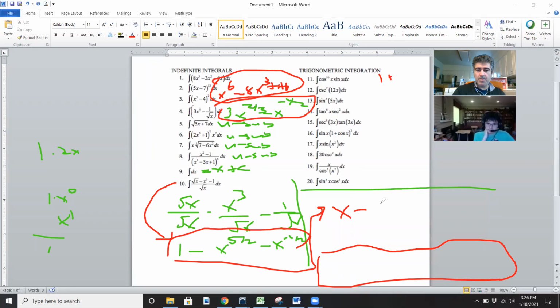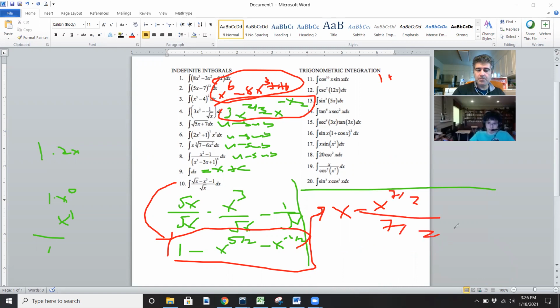So x minus x to the 7 halves over 7 halves, and then minus x to the 1 half over 1 half. And then we just simply flip those fractions over. Should be very seamless. x minus 2 sin x squared minus 2x.